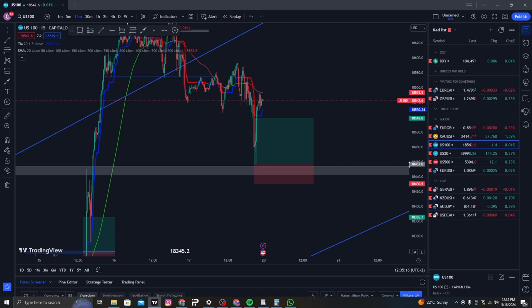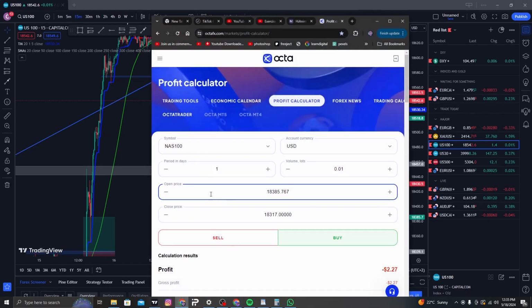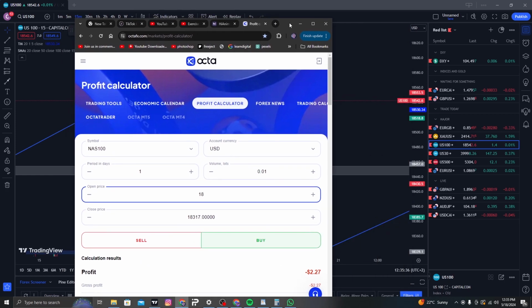You're going to put the gray number that you see here. The gray number right now is 18457. So you go here and you put 18457, comma 0.